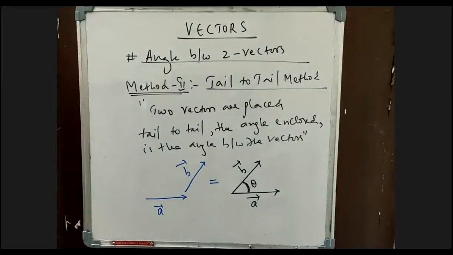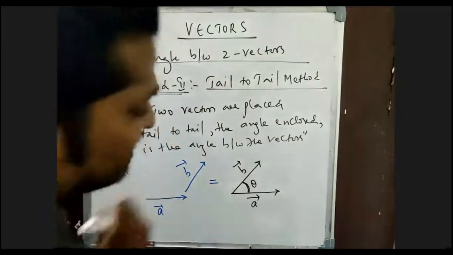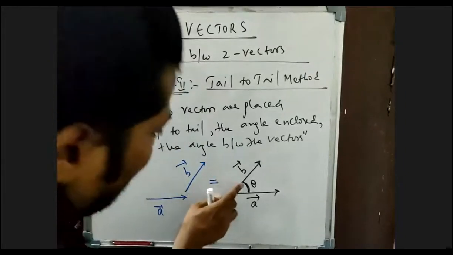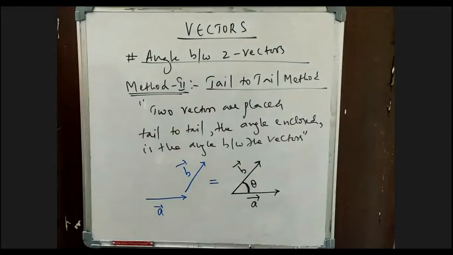I hope you are clear now. So theta is tail to tail. The tail of the first vector coincides with the tail of the second vector. If two tails coincide, whatever angle is enclosed will be the angle between the two vectors. Take a snapshot of this. We'll do one more example and you'll get clarity on how to take the angle between two vectors.